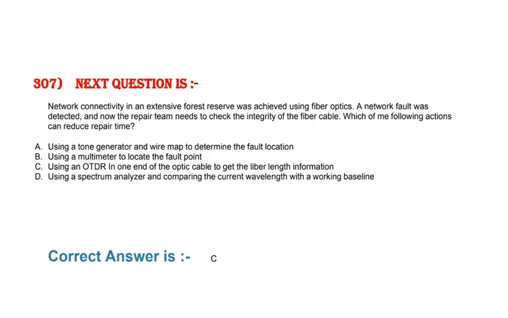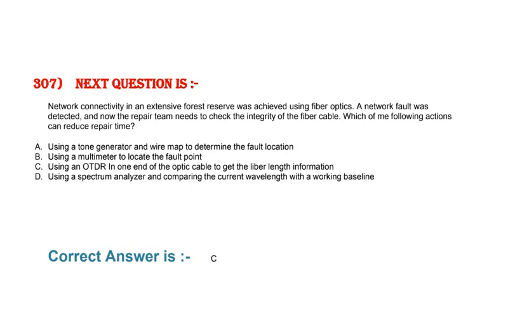Question is, network connectivity in an extensive forest reserve was achieved using fiber optics. A network fault was detected and now the repair team needs to check the integrity of the fiber cable. Which of the following actions can reduce repair time? Option A, using a tone generator and wire map to determine the fault location.